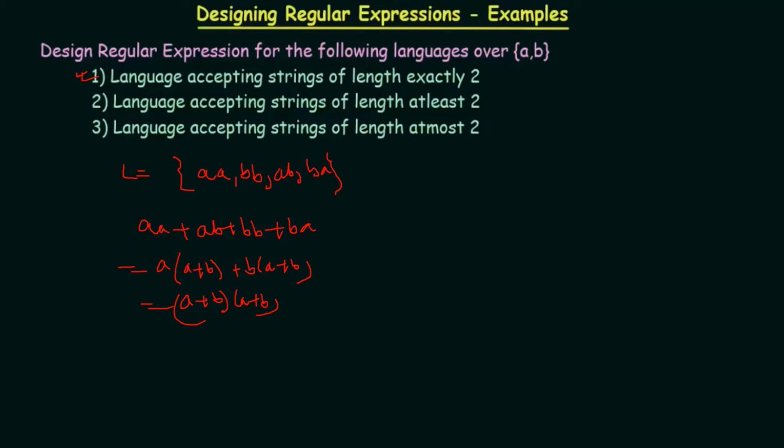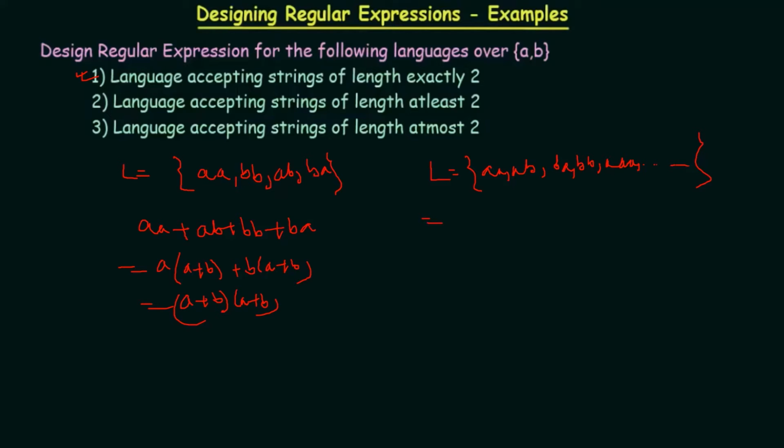For the next one, it says a string of length at least 2. At least 2 means there is no maximum, but the minimum is 2. So these 4 are going to be there. Apart from that, there can be millions and millions of possibilities, so this is actually an infinite set.